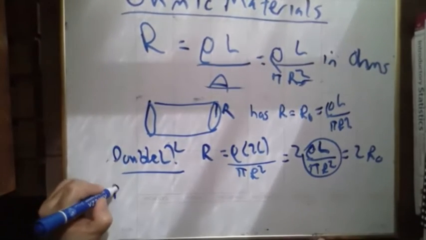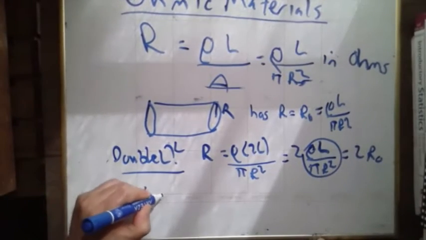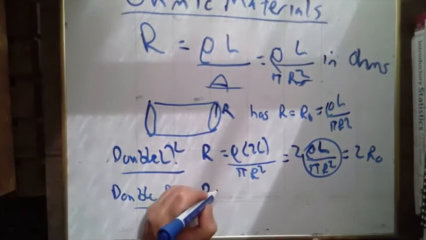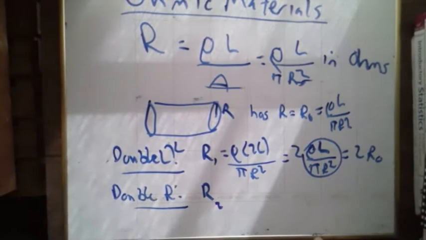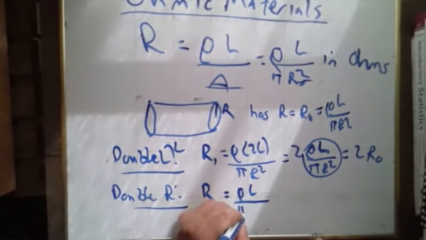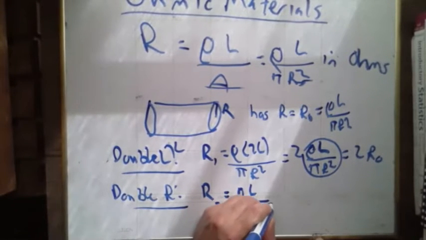What if I double the radius? If I make the thing twice as thick, then the new resistance, R2, will be rho times L over pi (2r) squared.